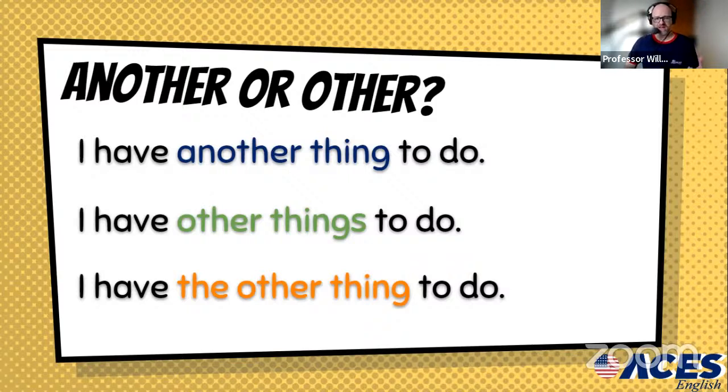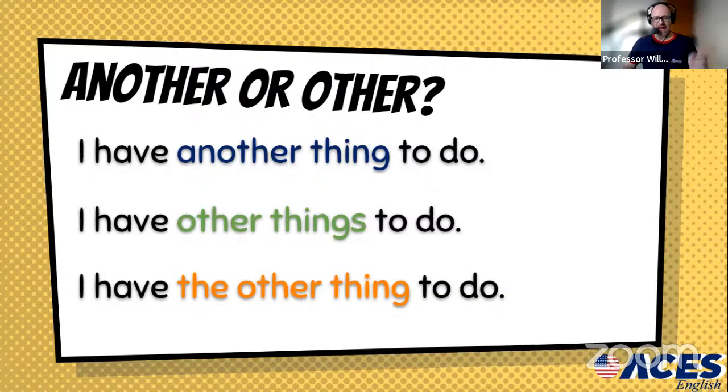And the key is that when we have the other thing, it's a outra coisa. The other person, a outra pessoa. E não uma outra pessoa. So when we have uma ou e outro ou outra, then we use another. When we have plural, we use other, other things or other cars or other people.